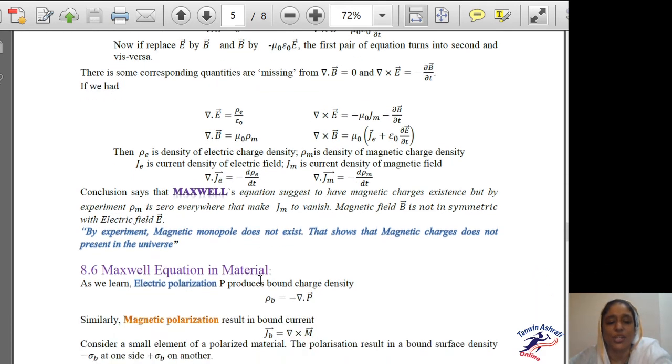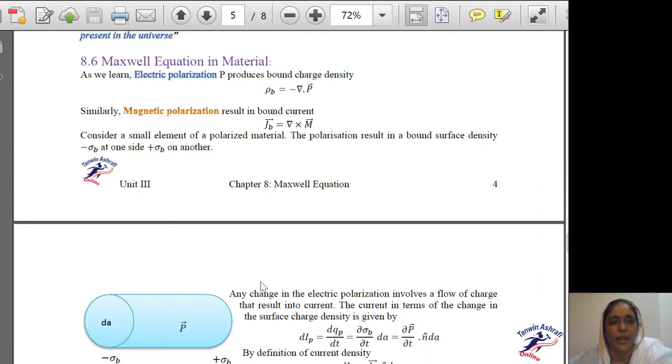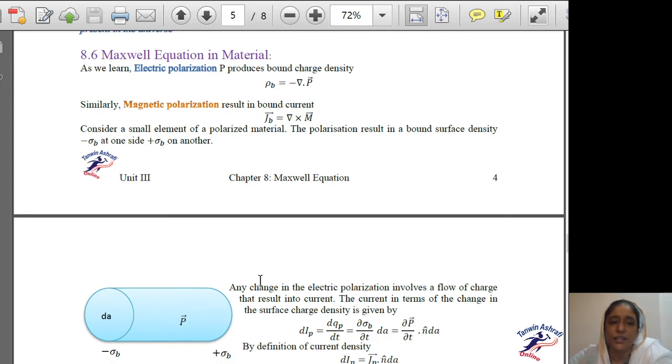Now, Maxwell's equations in material. As we have learned, the electrical polarization P produces the bound charge density, that is rho b is equal to minus del dot P. In a similar way, magnetic polarization results in a bound current, that is Jb is equal to del cross M. Now consider a small element of polarized material. Polarization results in a bound surface density, minus sigma b at one end and plus sigma b at the other end.